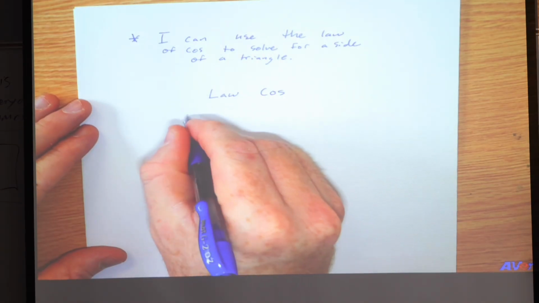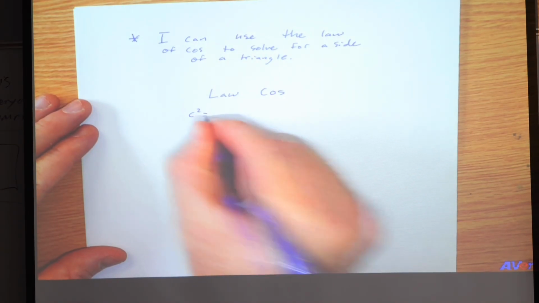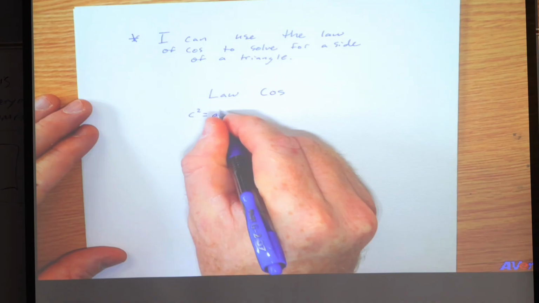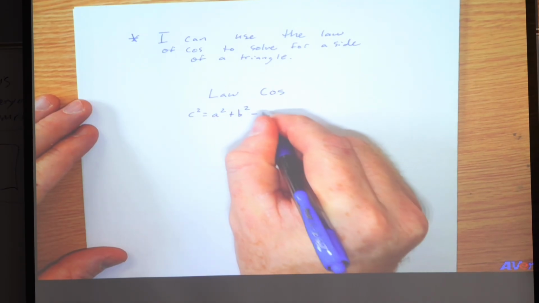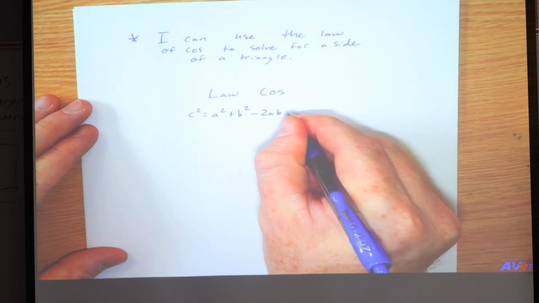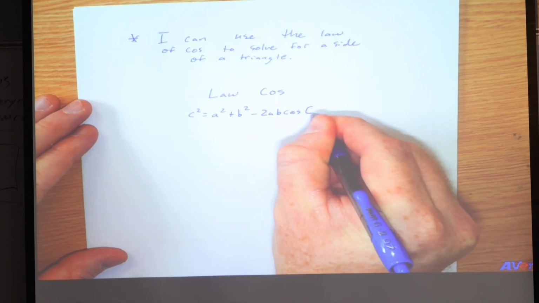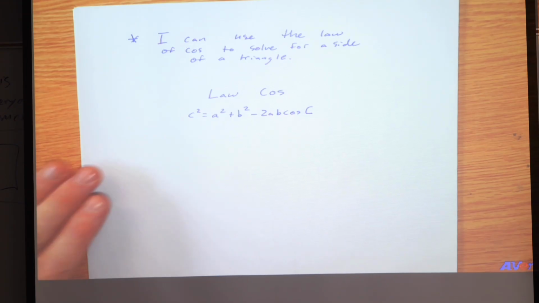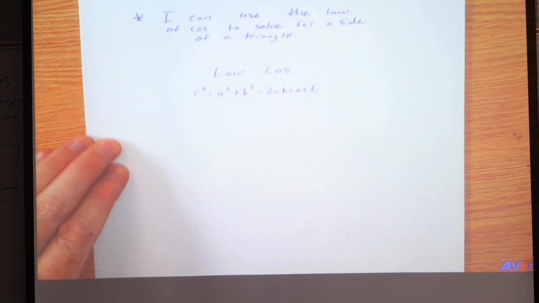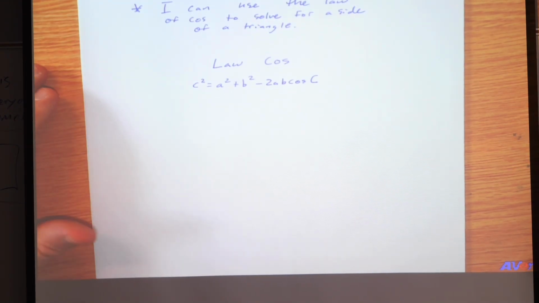Most commonly stated, it is c squared equals a squared plus b squared minus 2ab times the cosine of C, capital C there. Now this is one of those ones I tell my students, if I was the king of the math world, I would change things a little bit and go a different direction with this.